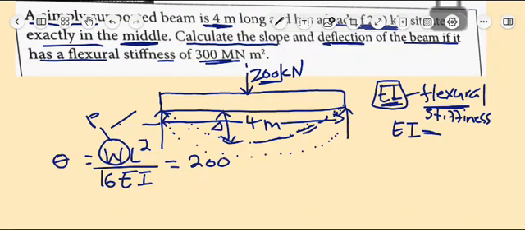It is 200 times 10 to the power of 3, since it's given in kilonewtons, multiplied by the length of the beam, 4 meters, squared.